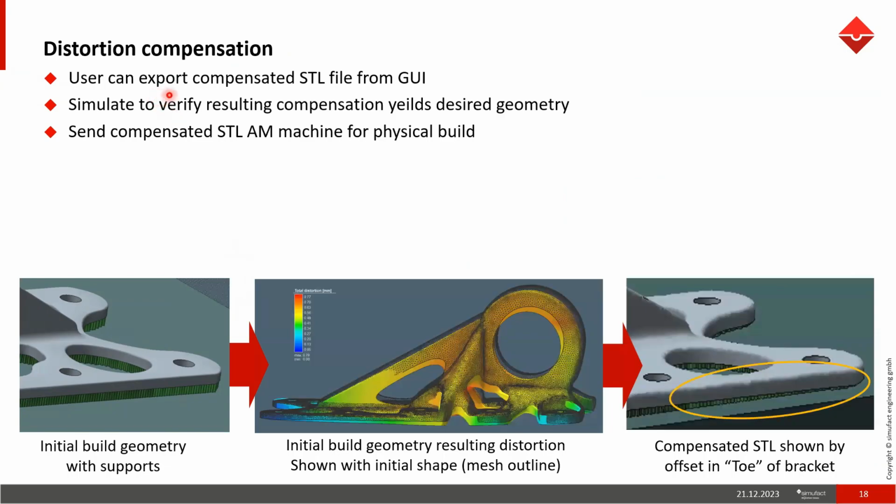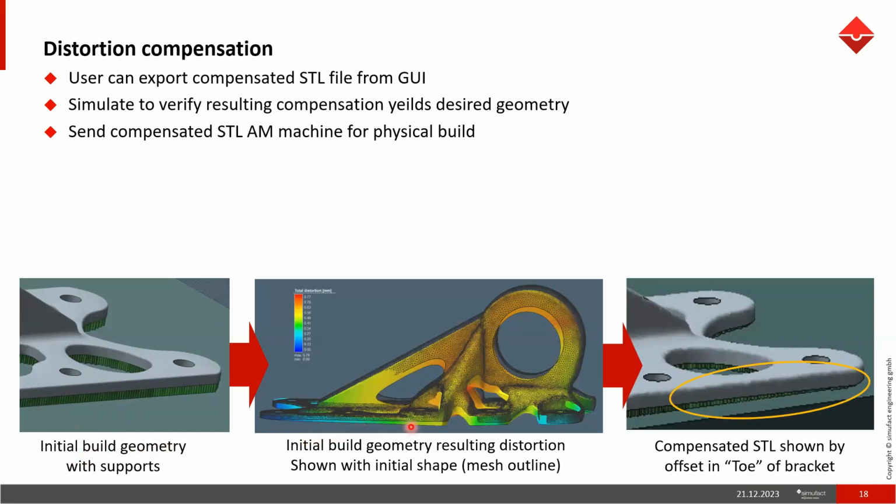The user can export a compensated STL file from the GUI, simulate to verify the resulting compensation yields the desired geometry, and send the compensated STL to the AM machine for physical build. This means that at the first level, let's say we are initially building the geometry with support structures.